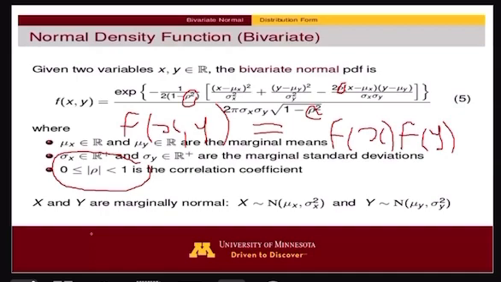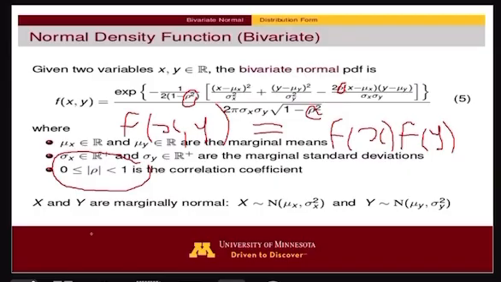If X follows a normal distribution and Y follows a normal distribution, that does not translate into them having a joint normal density. So we need a special test to conduct on the bivariate to check whether they are jointly normally distributed.